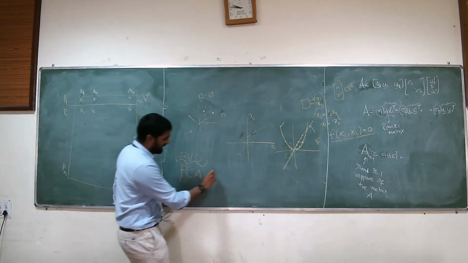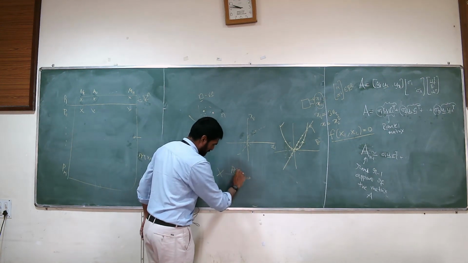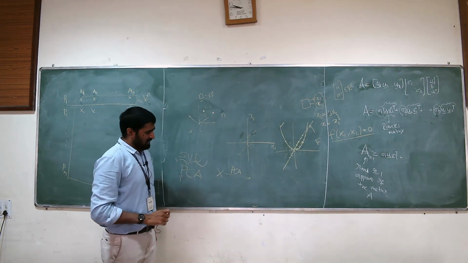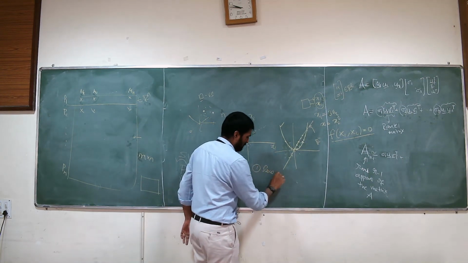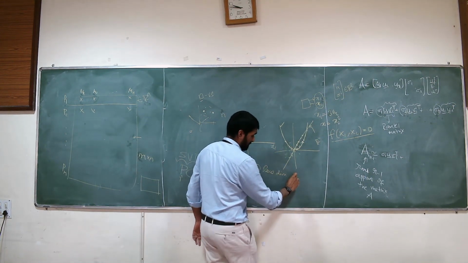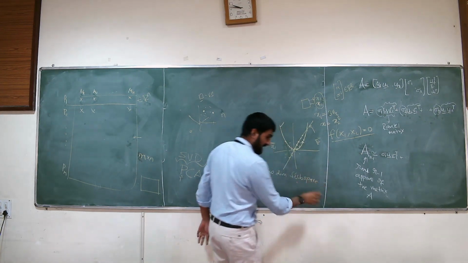If you take a bunch of data and then you do PCA, it helps you identify the low-dimensional subspace in which the data lies.